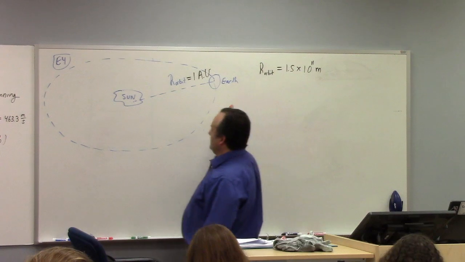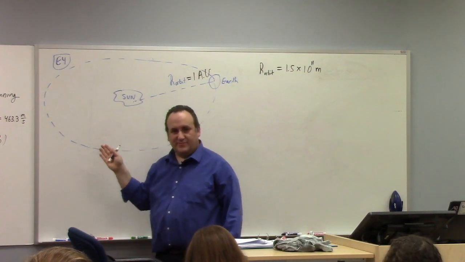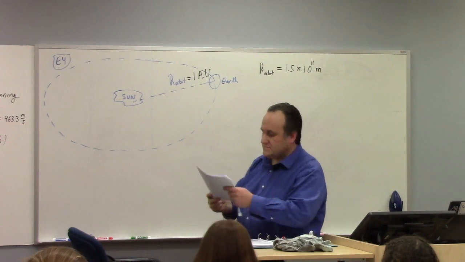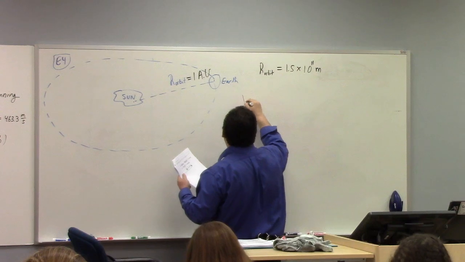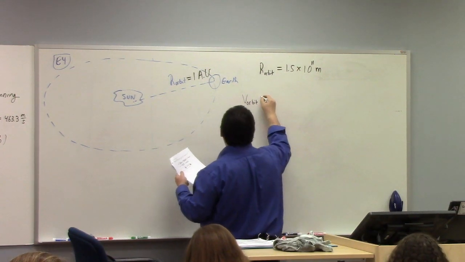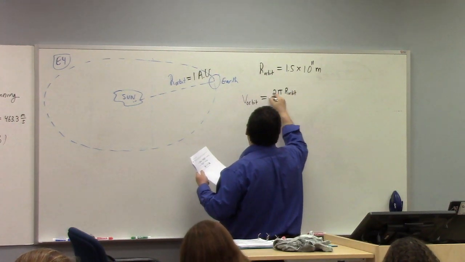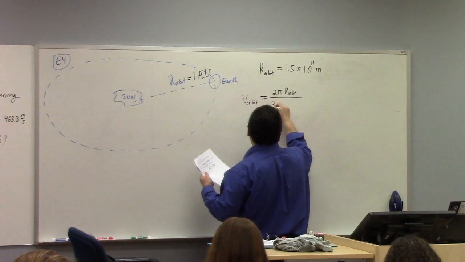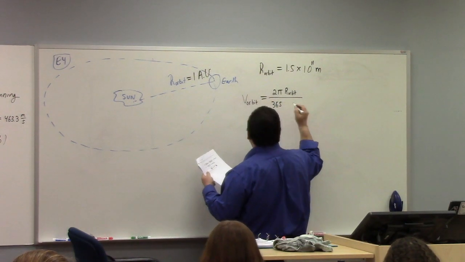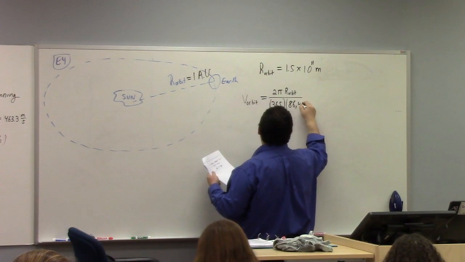And how long does it take the Earth to get around the sun? 365.25 days, right? So the velocity of the orbit of the Earth around the sun is something like 2 pi times the radius of the orbit, divided by 365 times 86,400 seconds. I'm sorry, I'm shorting you your leap day.